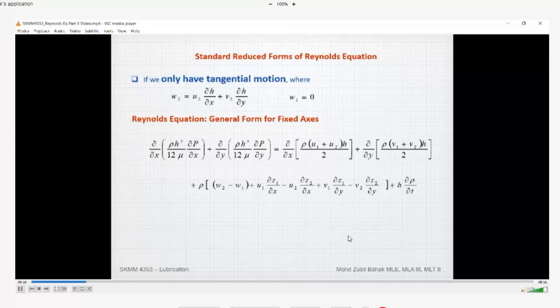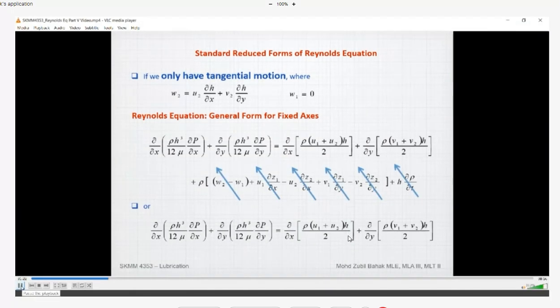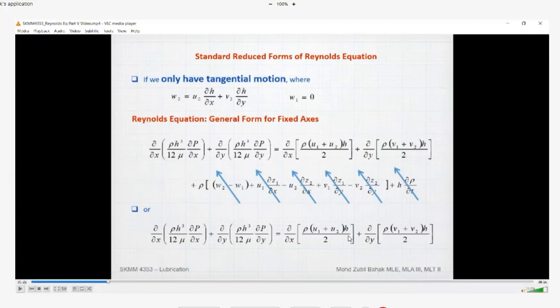If we only have tangential motion, for example, where W2, the velocity in the z direction, of the top surface is moving in that direction while W1 is not moving, then the Reynolds equation is reduced.